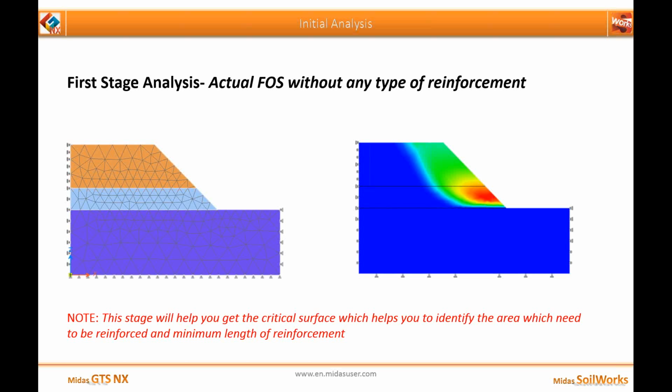Let's see what the actual factor of safety is with that particular arrangement of soil. So this stage will help us get the critical surface. Now, knowing the critical surface, we can identify the area which needs to be reinforced and the minimum length of reinforcement, because the length of reinforcement should at least cover that critical surface area, so the effectiveness of reinforcement increases. Okay, so I'll just open SoilWorks.